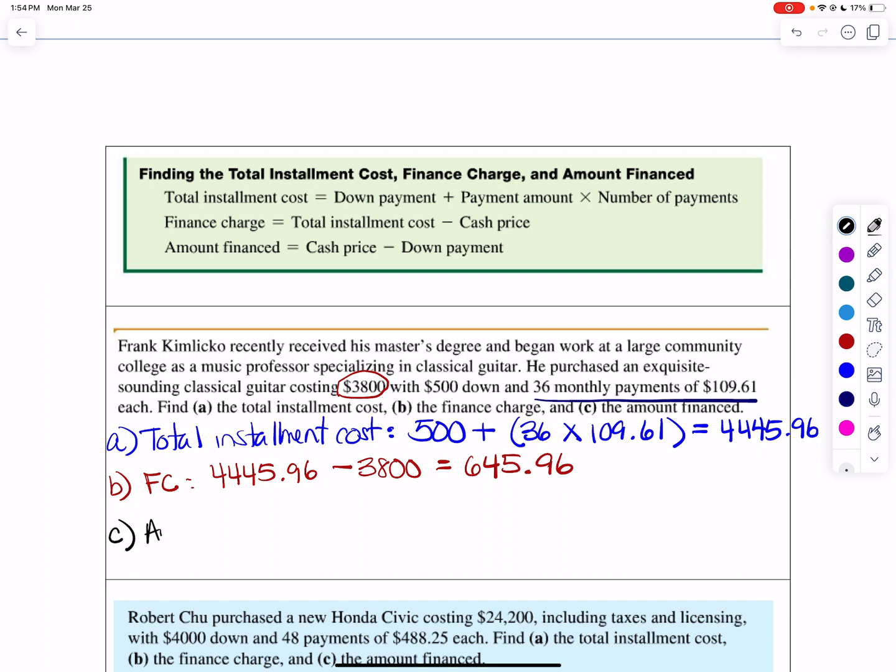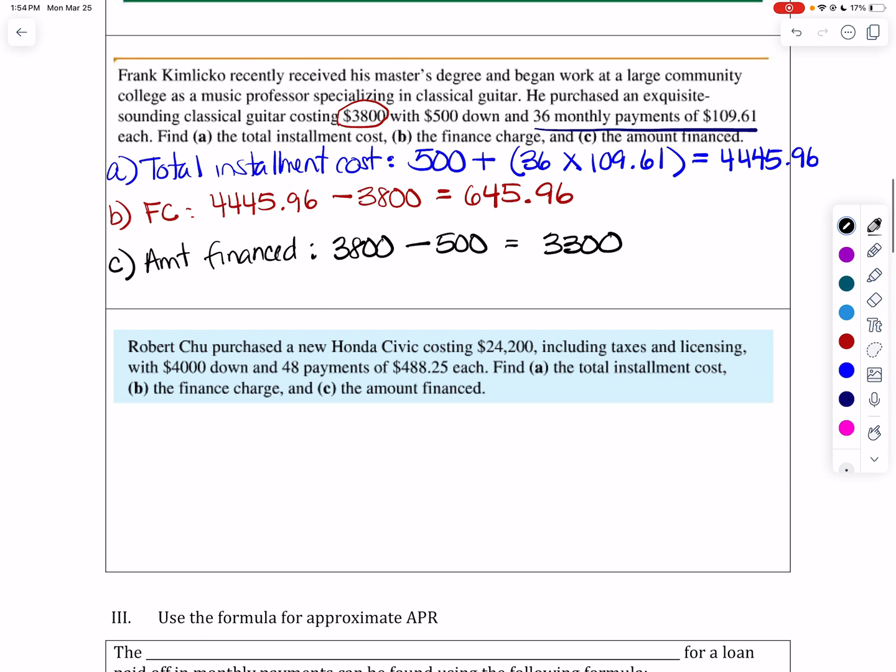And then the amount financed is the cost of the guitar minus the down payment. And so we financed $3,300. We had $645.96 in finance charge, and our total installment cost was $4,445.96.